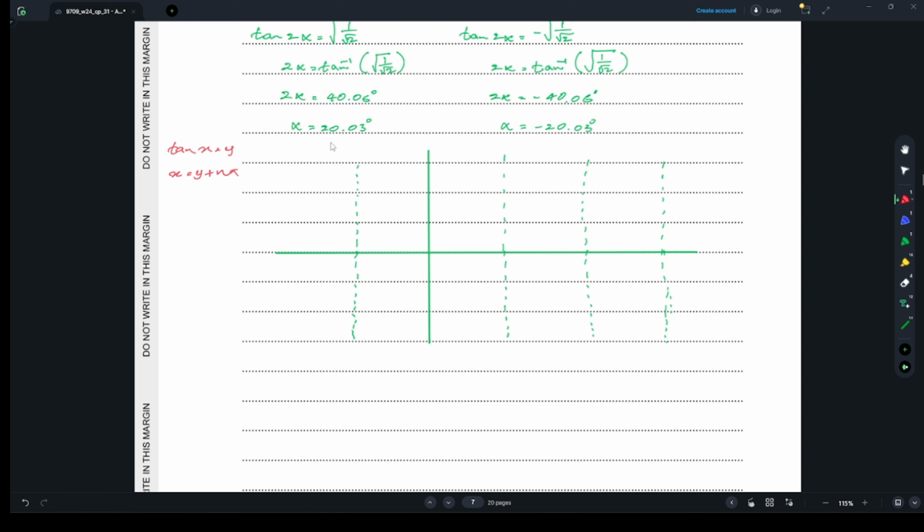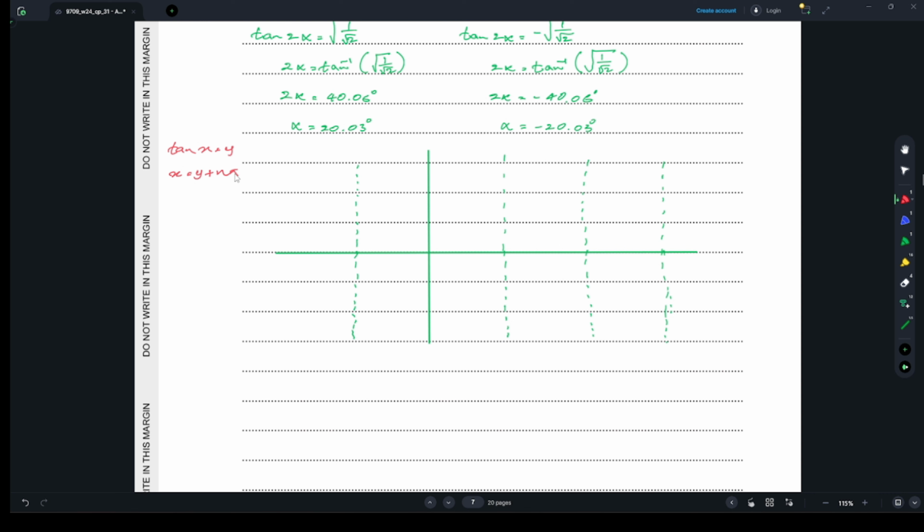Here we found 20, and then for n you substitute 0, 1, 2, 3, and so on. So when you put 0 for n, you will receive 20, and when you put 1, you will receive another answer.